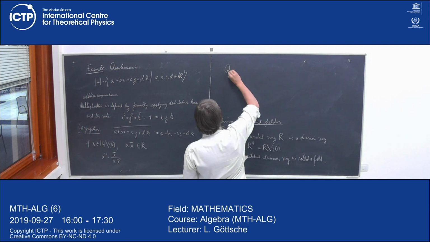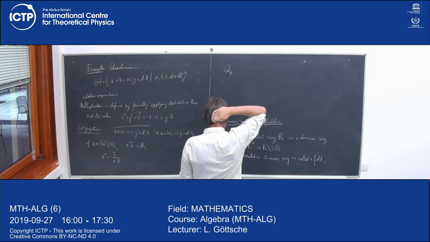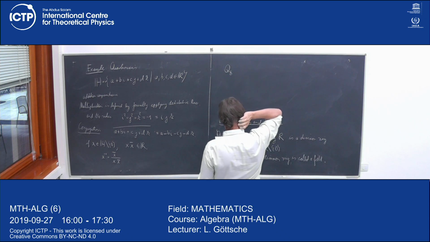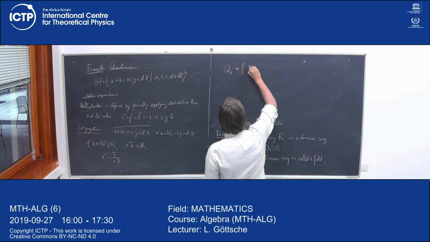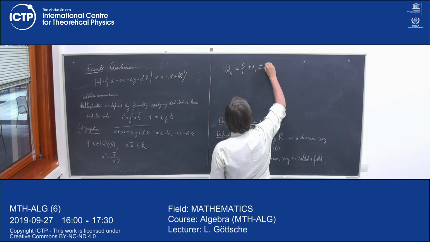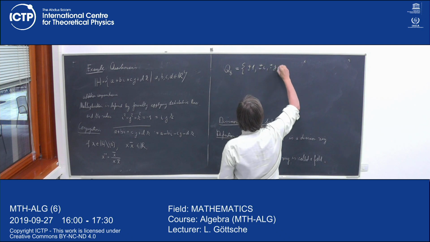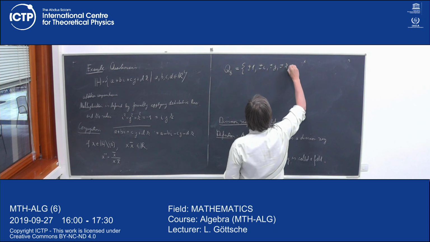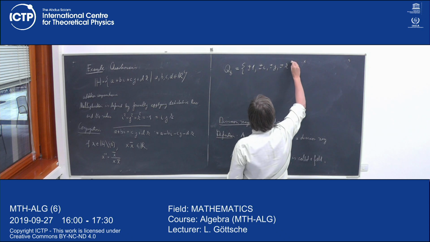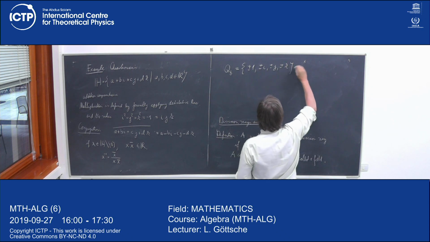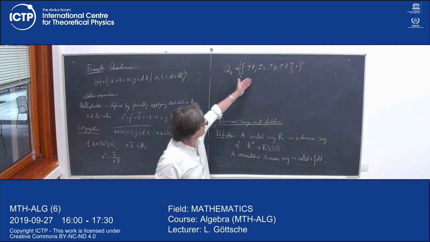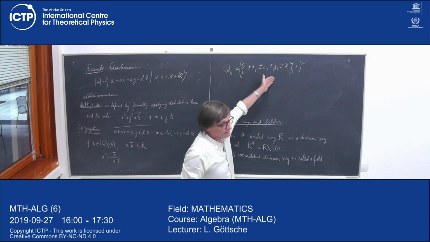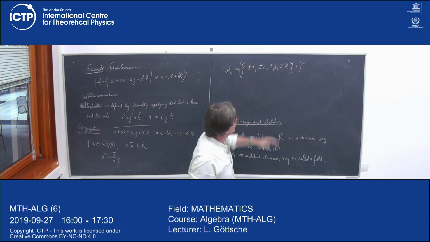So this is usually called the quaternion group Q8, which is just the set of plus minus 1, plus minus i, plus minus j, and plus minus k. So these are altogether 8 elements with the multiplication. You can easily check that if you multiply any of these, you will stay inside the set.